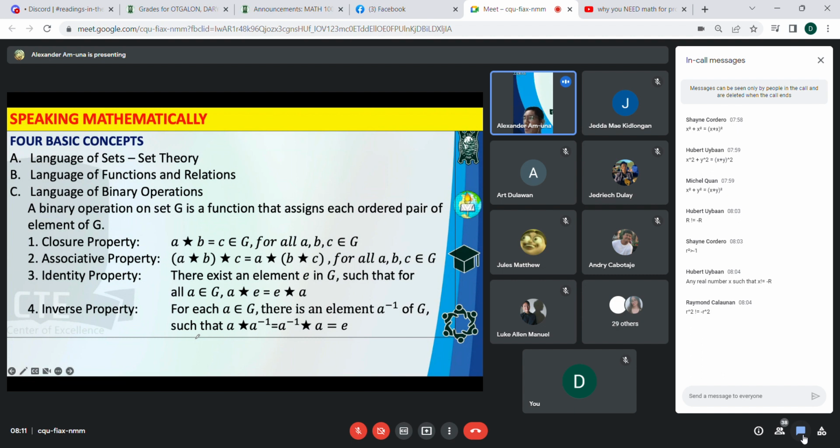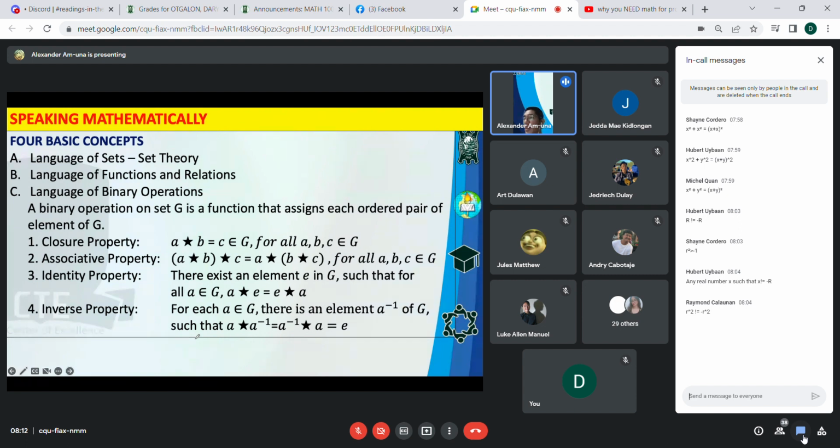So, what is a sample there? For example, 5. 5 is A. So, what is A raised to negative 1? That would be 5 raised to negative 1, or 1/5. 5 times 1/5 will be equal to 1, which is the identity.